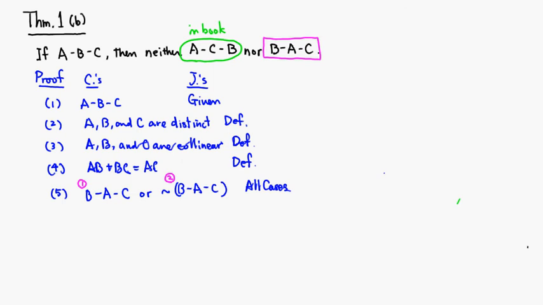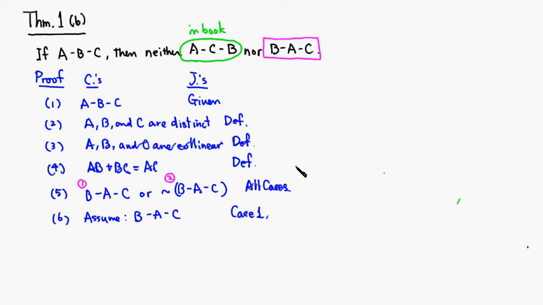So let's assume that A is between B and C. This is our case 1. And let's try to get in trouble by assuming that.